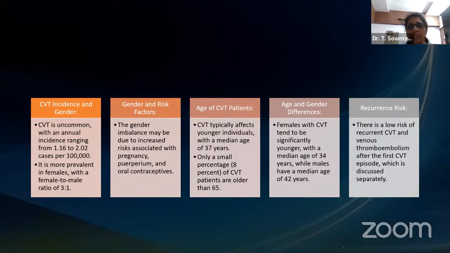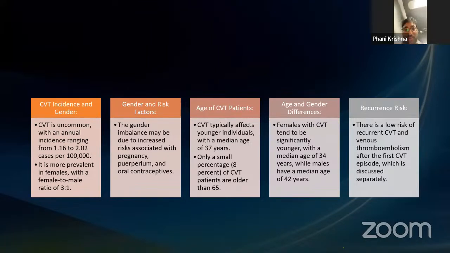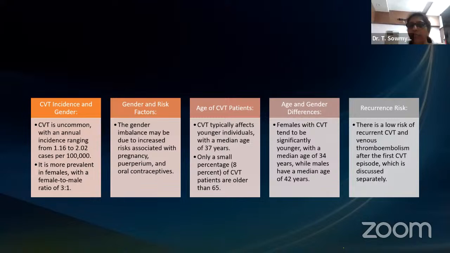The gender imbalance may be due to pregnancy, the puerperium, and use of oral contraceptives. Younger individuals are more affected, with a mean age of 37 years. Only a small percentage of older individuals are affected; above 65 it is 8%.